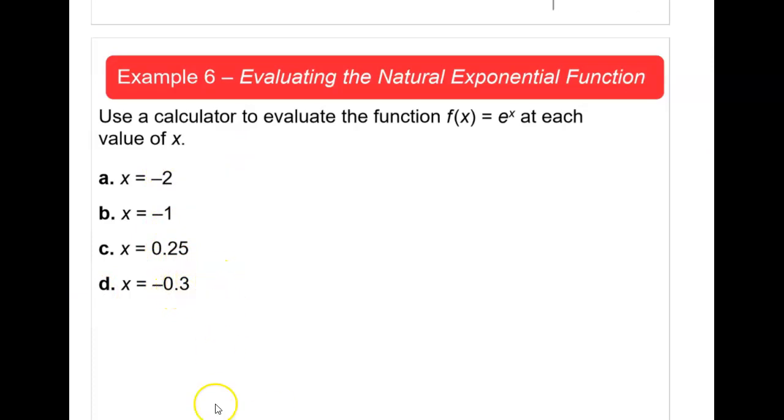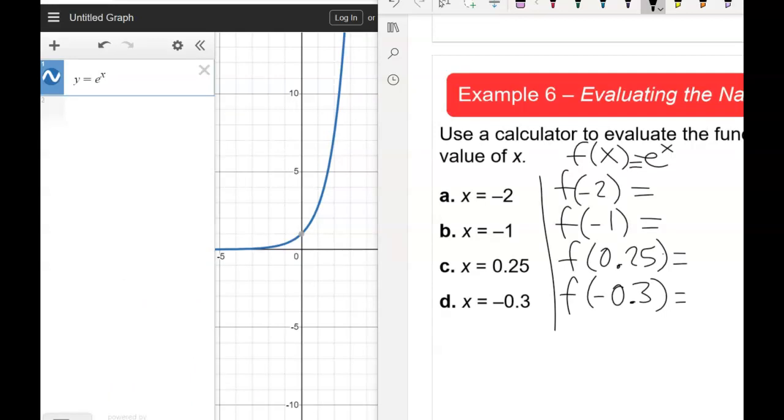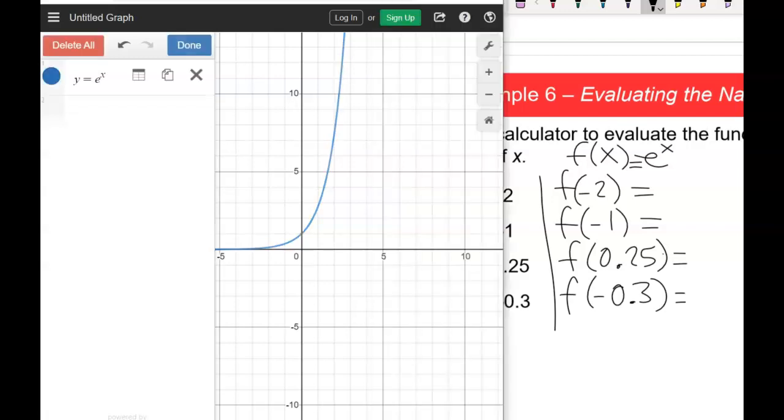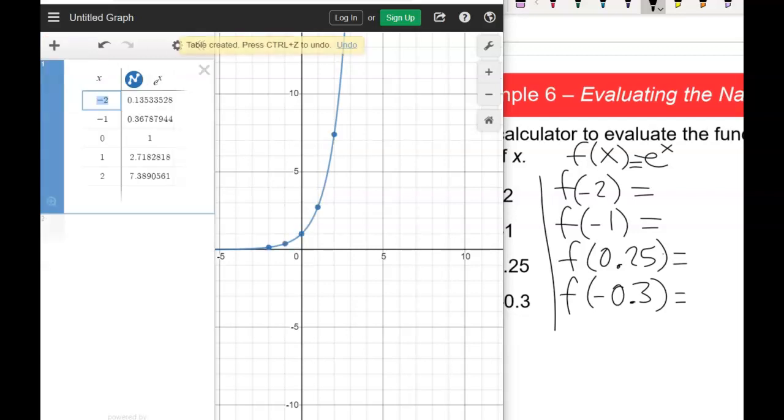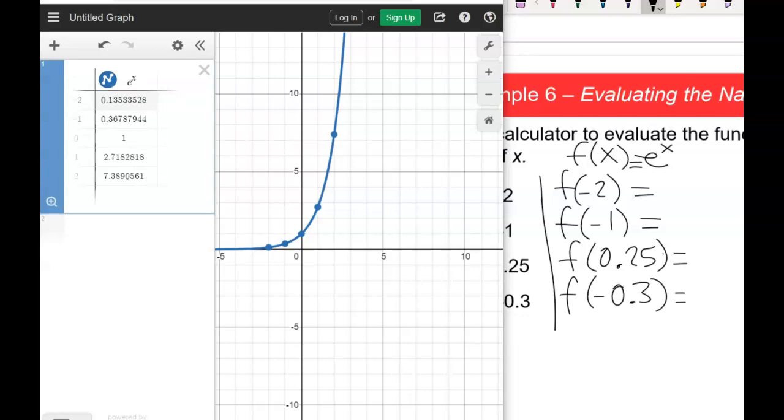So let's do that. To get the table, I type the equation and then I click on settings and then table. And then I can just enter the x values that I want. And we already have for x equals -2. So this is the y value that we're going to copy.